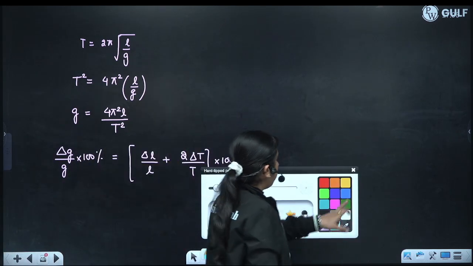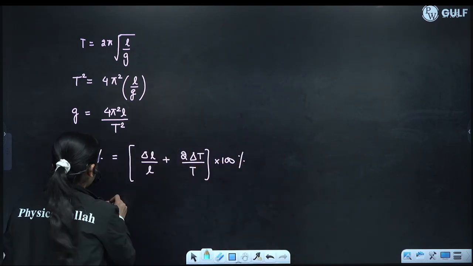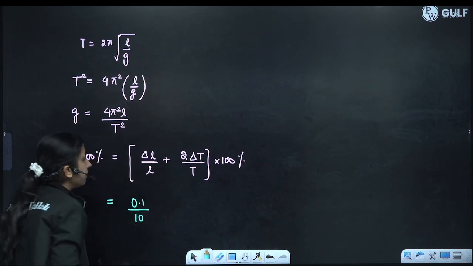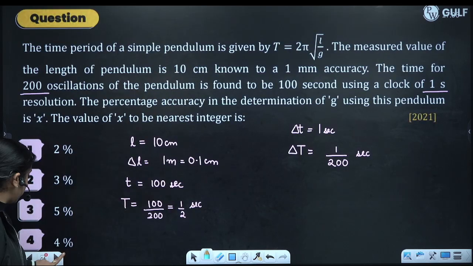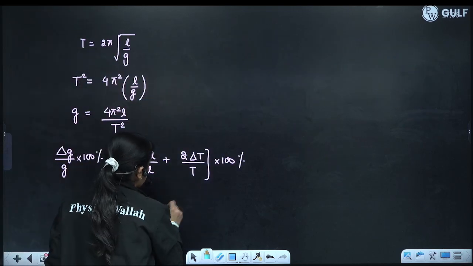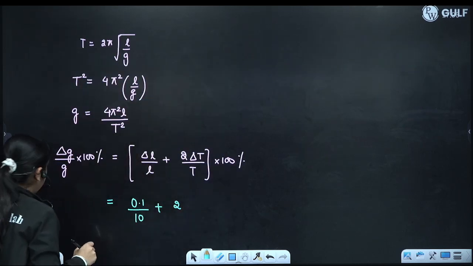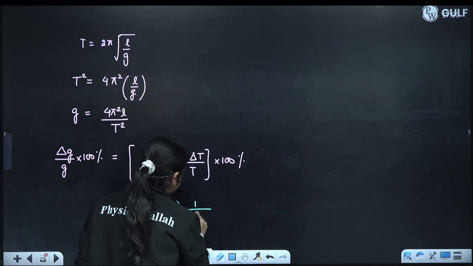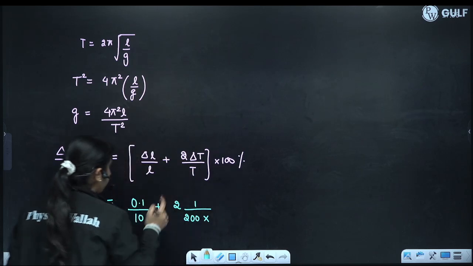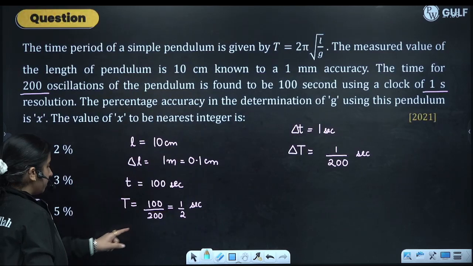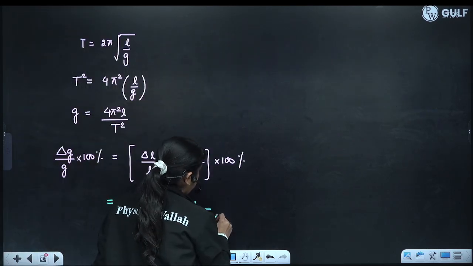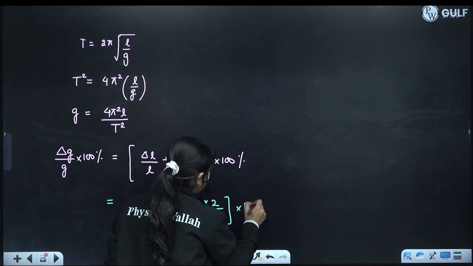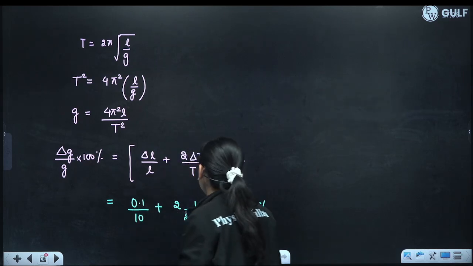So delta L by L, substitute the values. Delta L is 0.1 centimeter and length is 10 centimeter, plus 2 into what is delta T? Delta T is 1 by 200 into what is time period? Time period is 1 by 2. So 1 by 2 into 100%.